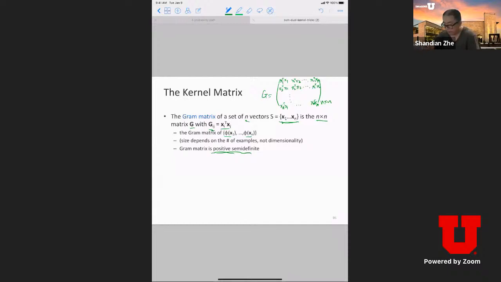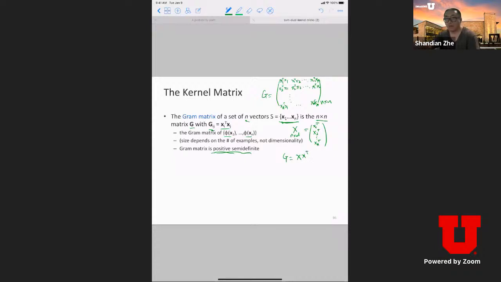If you write down your n vectors as a matrix, say n by d, each row is just one vector, placed as a row vector. So it will be an n by d matrix.